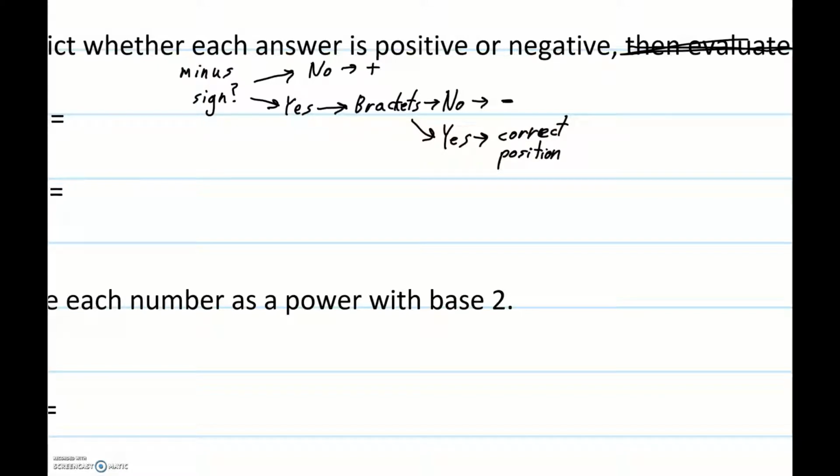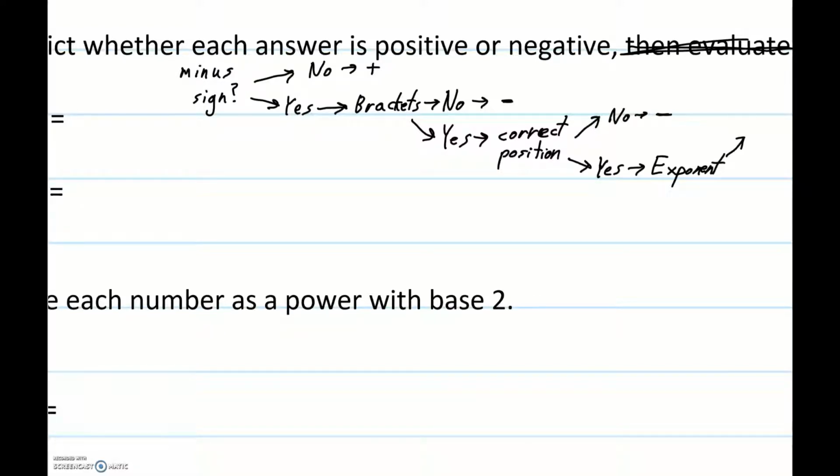If they are not in the correct position, then we know that our answer is negative. If they are in the correct position, we finally get to ask ourselves the last question, which is, what does the exponent look like?